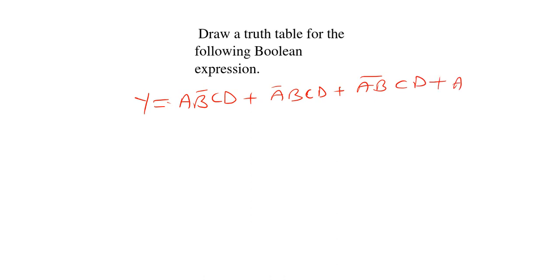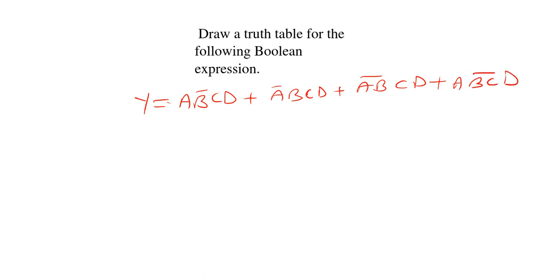The Boolean expression that we are going to write the truth table for is this one: Y equals A not B C D, or not A B C D, or A B overall bar C D, or A B C overall bar D.